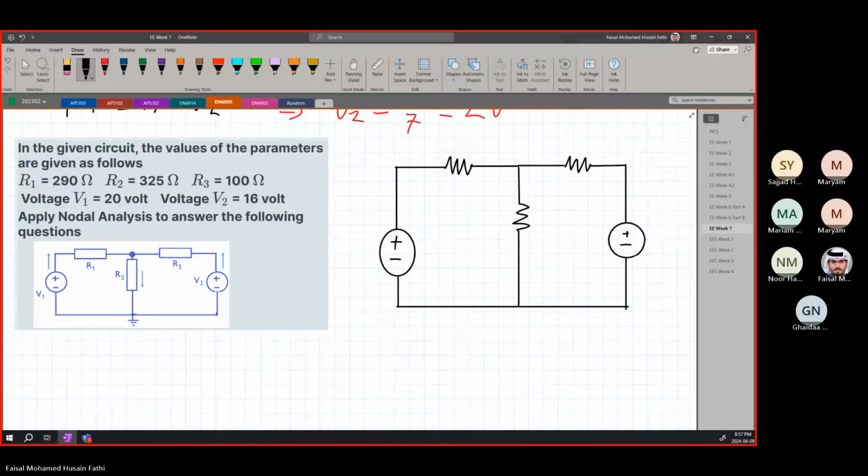And if you notice one thing here, it is already defining the current direction in the drawing. It's telling you that the currents are going in a specific direction, so you can assume the same direction just to make it easier for yourself, or you can make the assumption in any way you want. It really doesn't matter. Even if you're completely wrong in every assumption, it's fine. When you get a negative value, just know that you assumed the opposite direction. That's it.